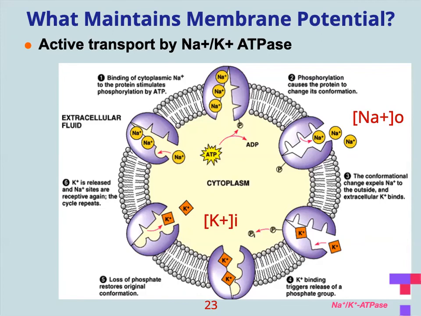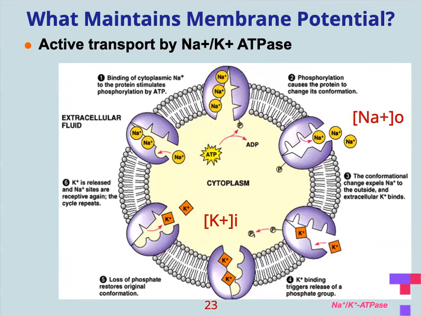Consider the situation where we don't have a mechanism to maintain that higher concentration of potassium inside the cell and higher sodium concentration outside the cell. What would happen is that the leakage of the two ions would eventually cause the concentration difference between outside and inside the cell to disappear.